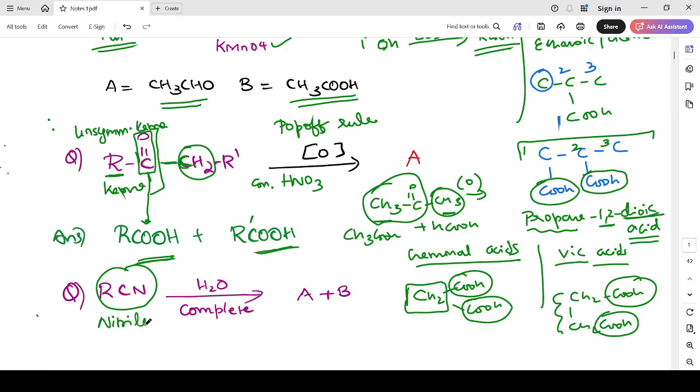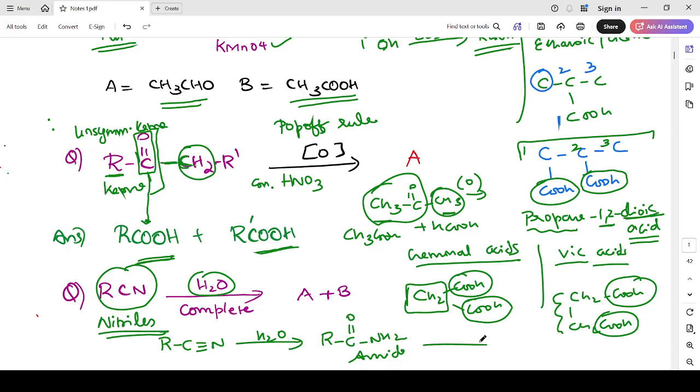Nitriles upon hydrolysis. So, I have R C triple bond N. When I first hydrolyze it, the first product that you have here is amide. Upon further hydrolysis, you will get carboxylic acid plus ammonia as a gas.